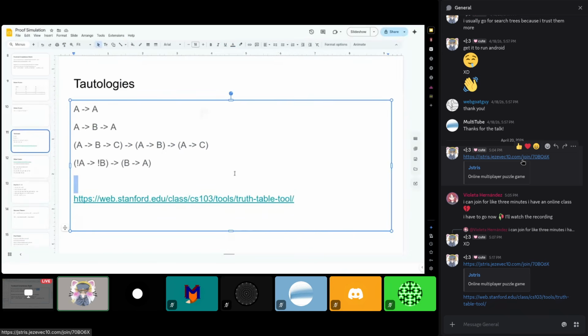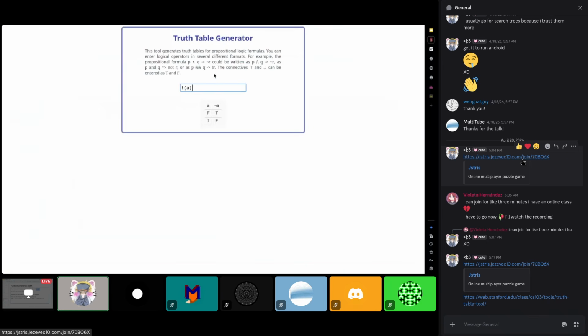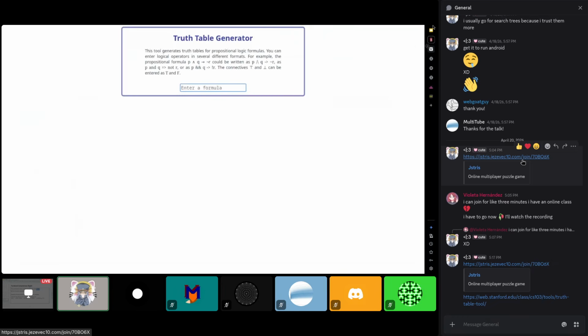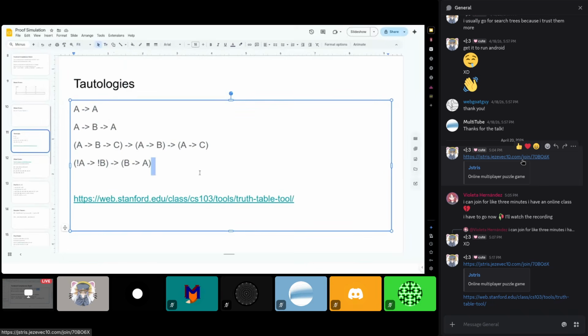This cool website here will give you the entire truth table for a binary function you pass it. It takes all sorts of syntax, basically everything that's common. Every common representation for Boolean operators it'll accept.